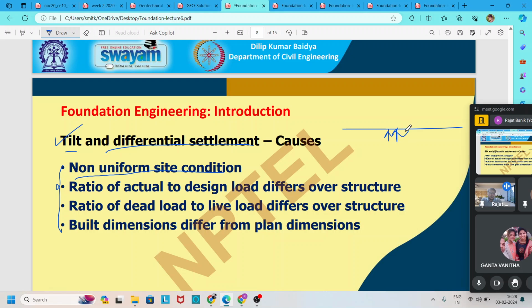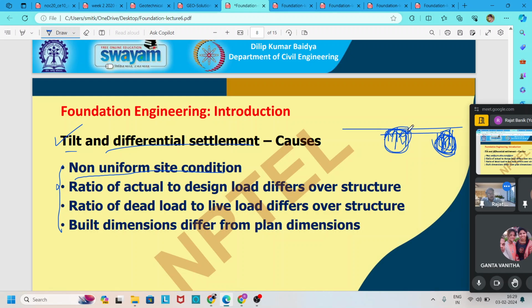That means here the pressure is high, here it is low. It is because of the weakness or strength parameter. That means here the shear strength of the soil is very high, so this region is strong. If the shear strength of the soil is low, it is a weaker zone.